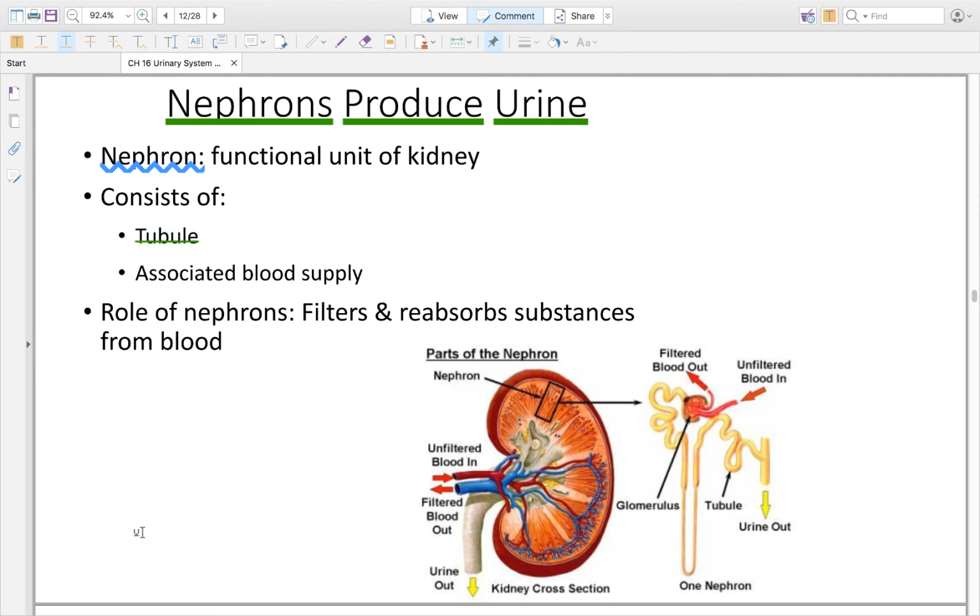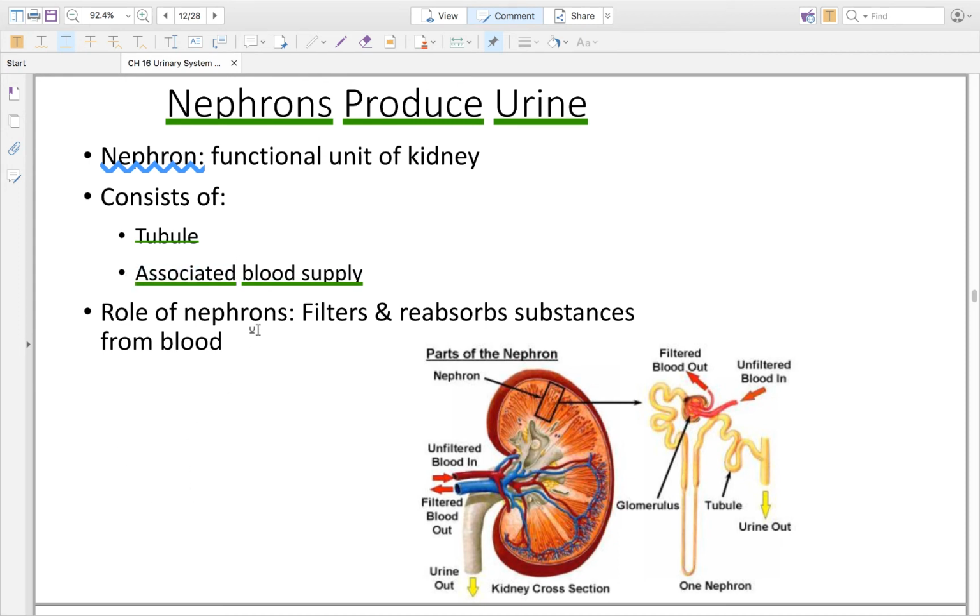Tubules are their own kind of structure because these tubules allow for diffusion, osmosis, the movement of molecules past these membranes to an extent. Every nephron has a major blood supply.